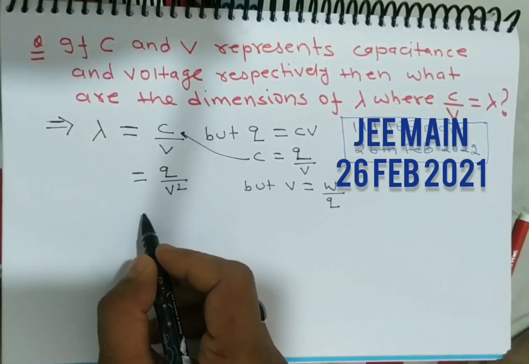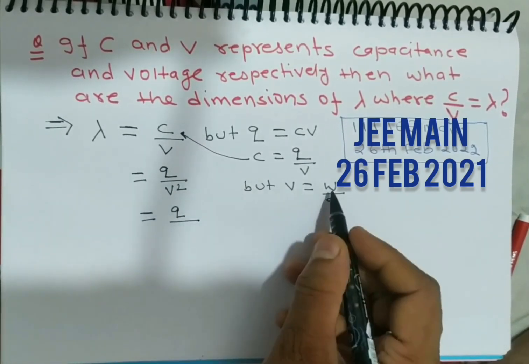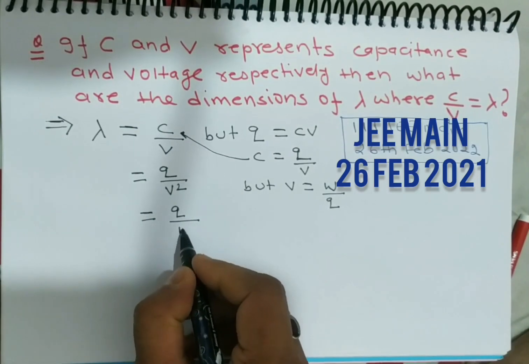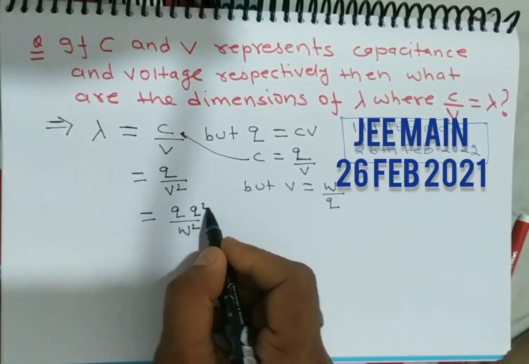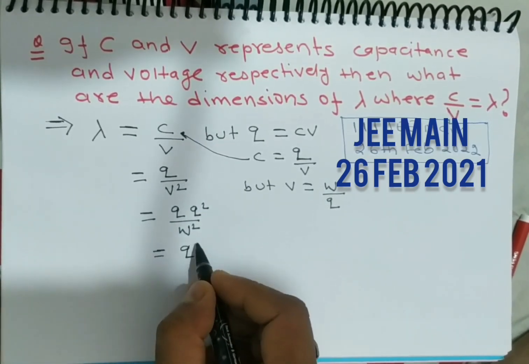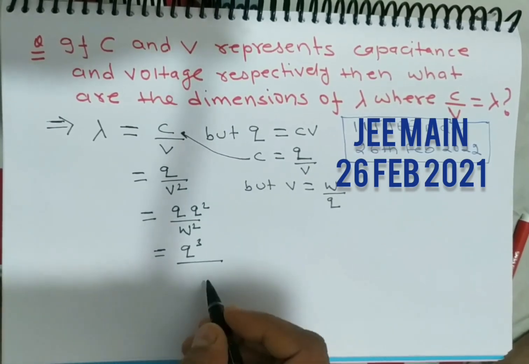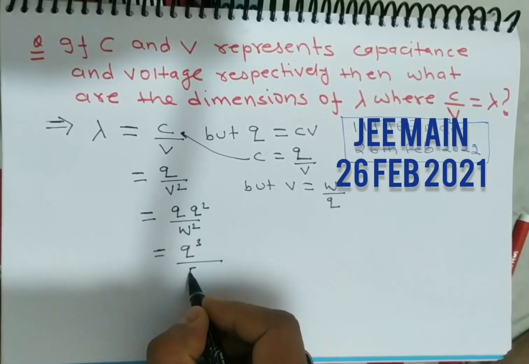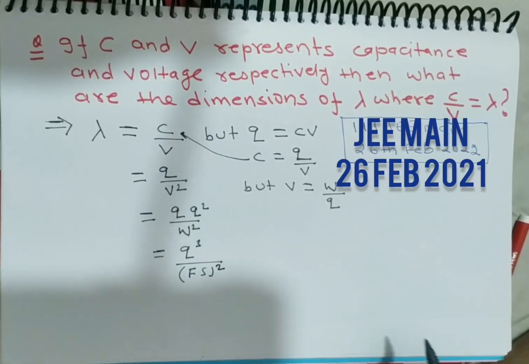Okay, so it reduces to Q upon W square into Q square. So it becomes Q cube upon W square. W is nothing but force into displacement, whole square.